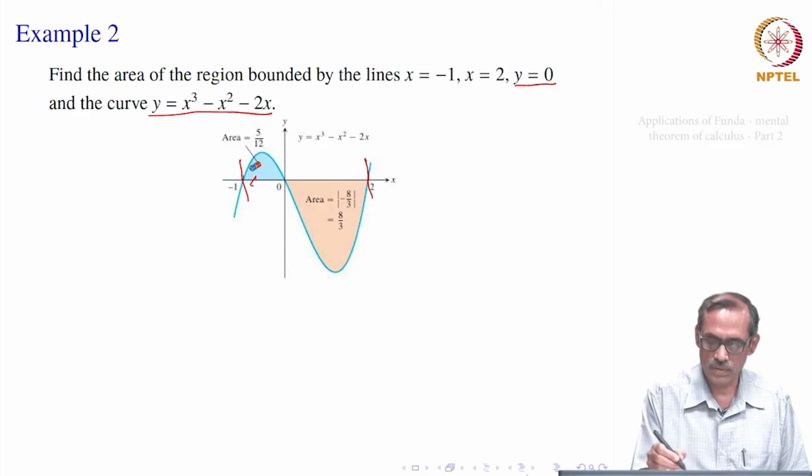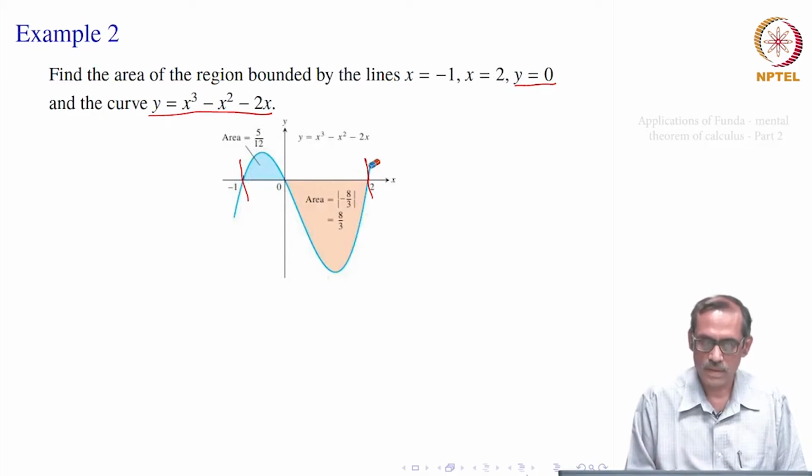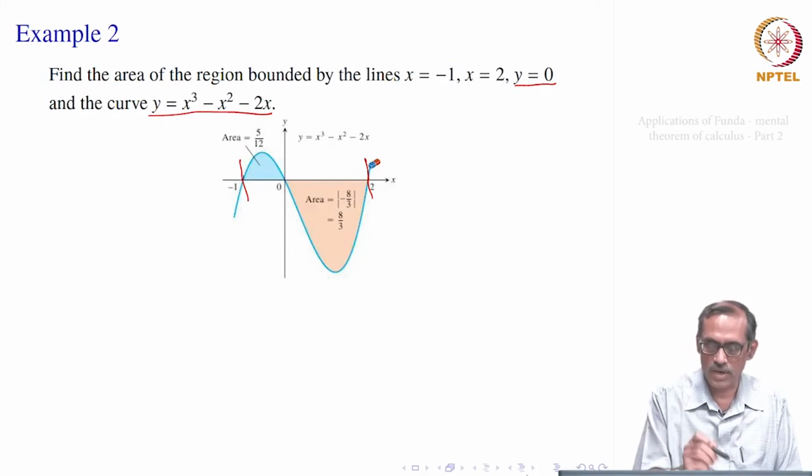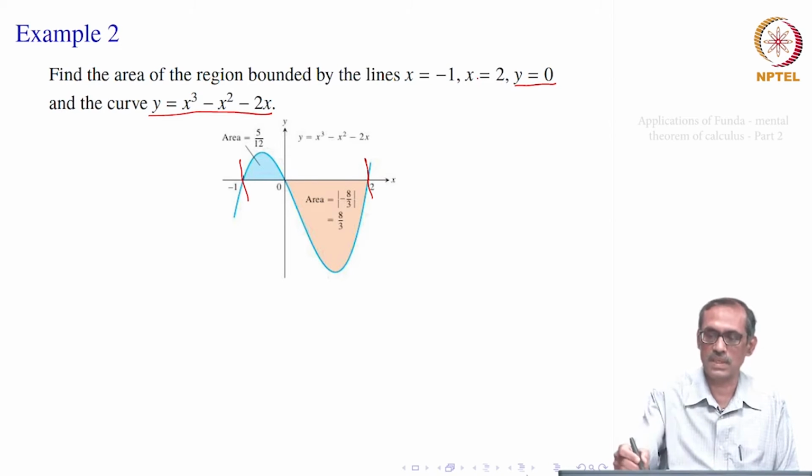So, then what do we do? We take the integral of the modulus. Now, we must find out what is the sign of the function when x varies from minus 1 to 2, because these are the two lines.